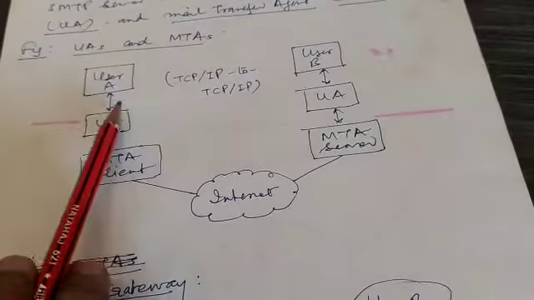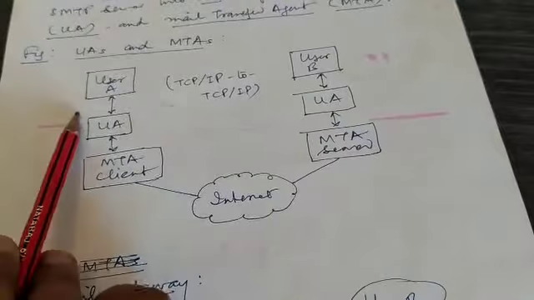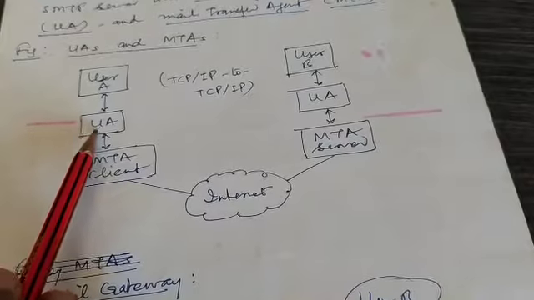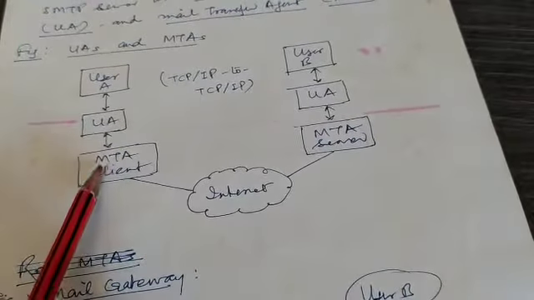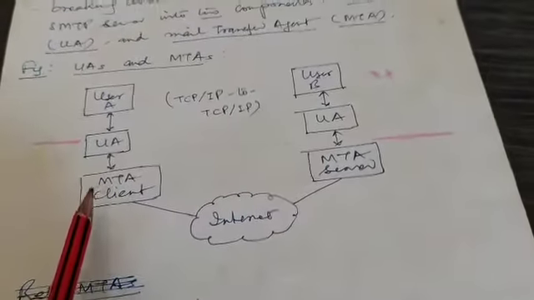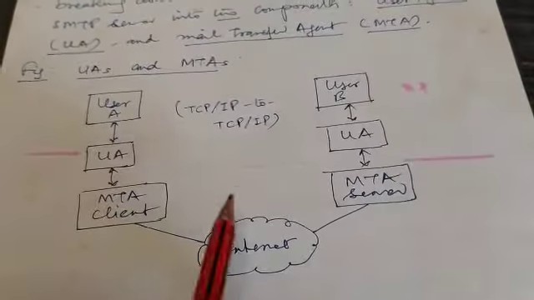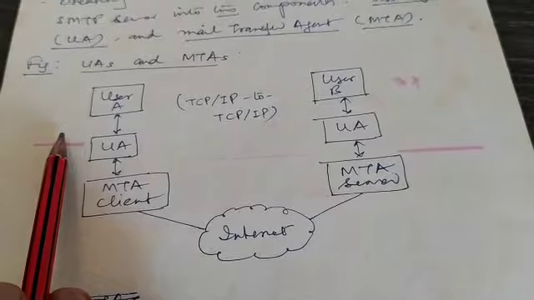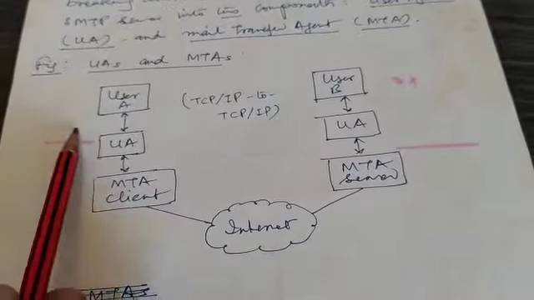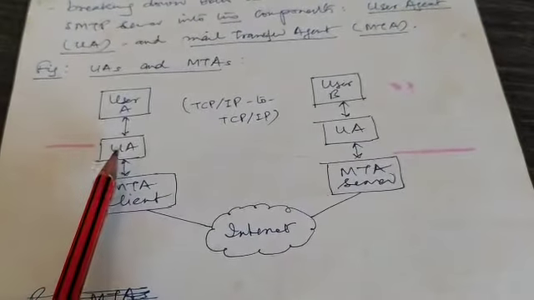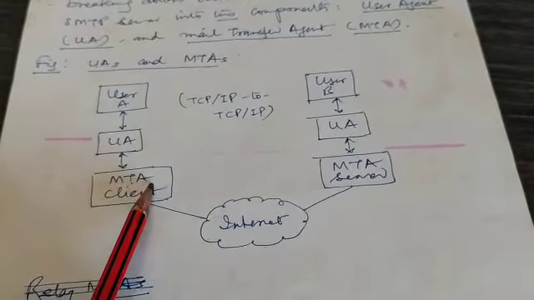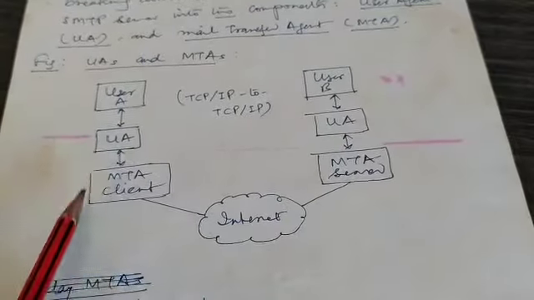Here we can see the SMTP client, which has been further broken down into two parts as discussed, that is the UA, user agent, and the MTA, that is the mail transfer agent. So we have UA and MTA client.